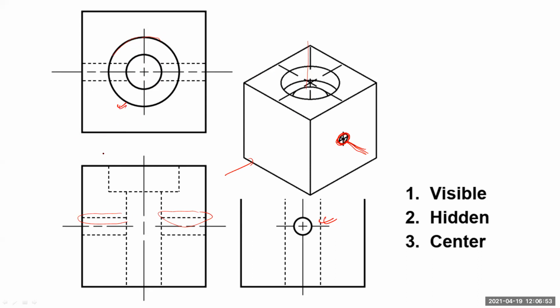This is your continuous line, this one is your hidden line, and this is your center line. So if anybody asks you to explain different types of lines with an example, you can use this one. Here you have three different types of lines: visible, hidden, and the third one is your center line. Okay.